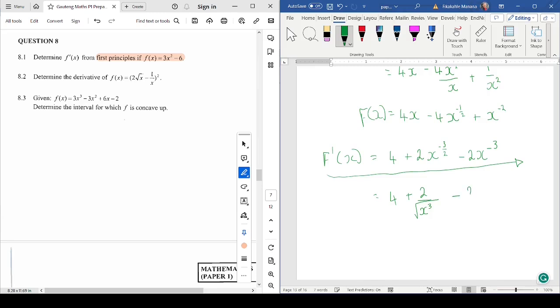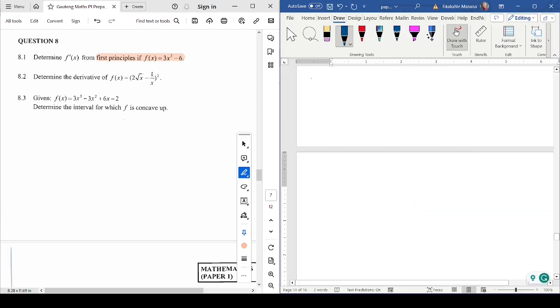Minus 2, right? Remember, the minus takes it to the bottom. It's not divided by a half, so there's no square root. So it's just to the power 3, like that. You can also leave your answer just like that.